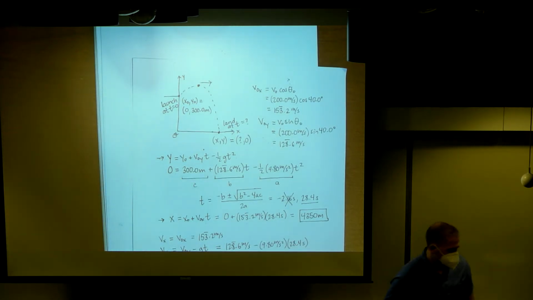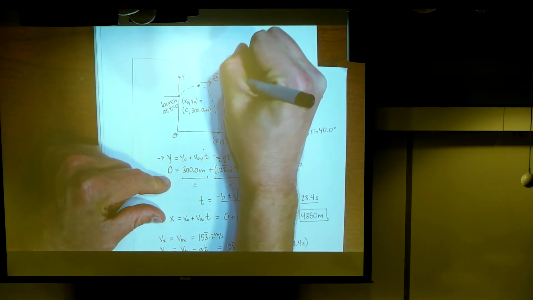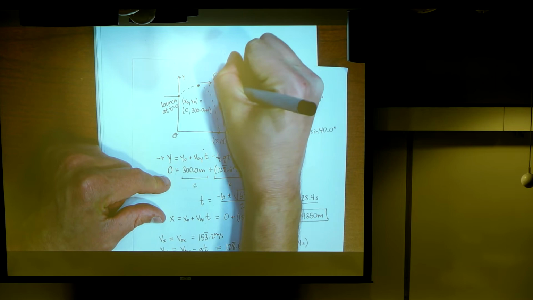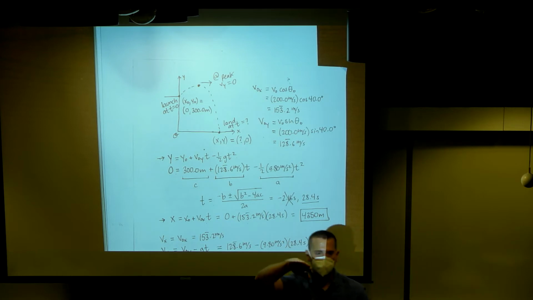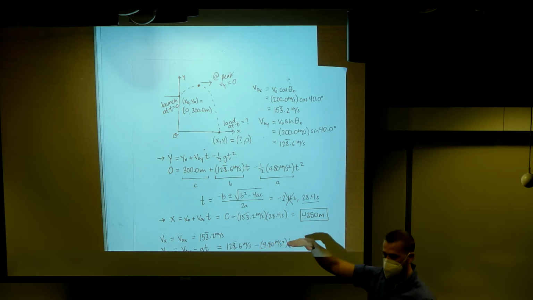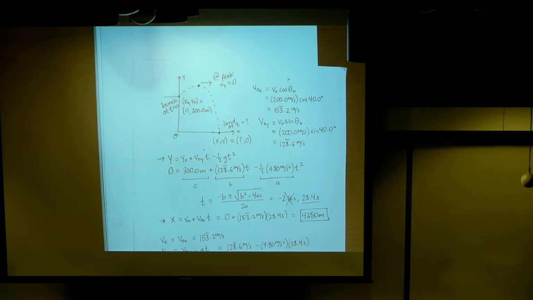And that means its y velocity at the peak is equal to 0. That's true of any projectile. When it reaches a peak, it's moving completely horizontally for that moment, which means its y velocity has got to be 0. Okay? So we're going to use that fact to make the calculation.